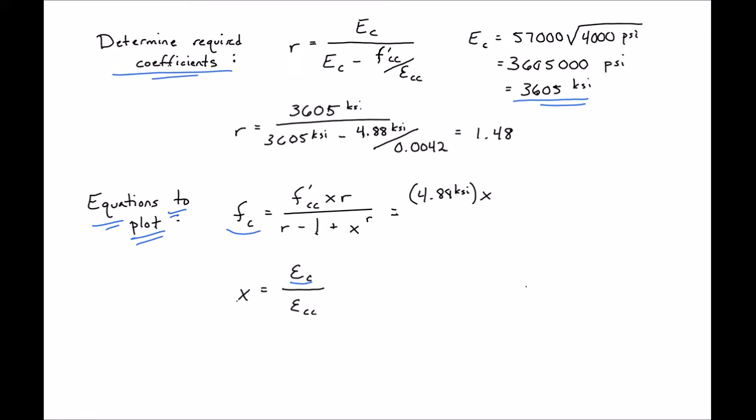We'll keep X in terms of X, and then we'll have our R was 1.48. Then we have it divided by 1.48 minus 1 plus our X to the 1.48 power. And our X then is just equal to epsilon C, which we're plotting against, divided by 0.0042.